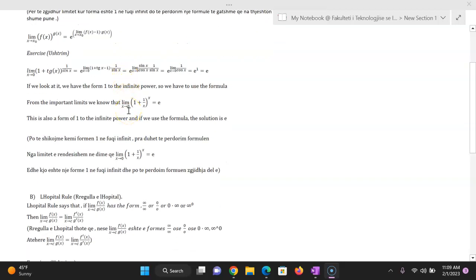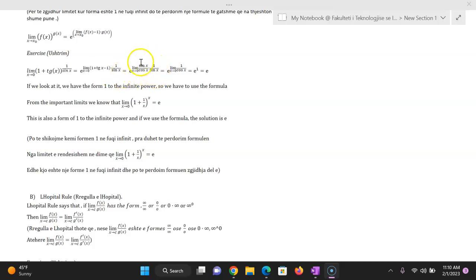We have the limit when x approaches 0 of 1 plus the tangent of x all to the power 1 over the sine of x. If you look at it, we have the form 1 to the infinite power, so we have to use the formula. That is equal to e to the power of the limit when x approaches 0 of 1 plus the tangent of x, because this is our f of x in this term, minus 1 times 1 over the sine of x. 1 cancels out and we can write the tangent of x as the sine of x over the cosine of x.